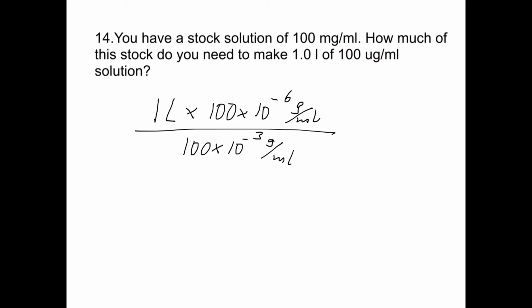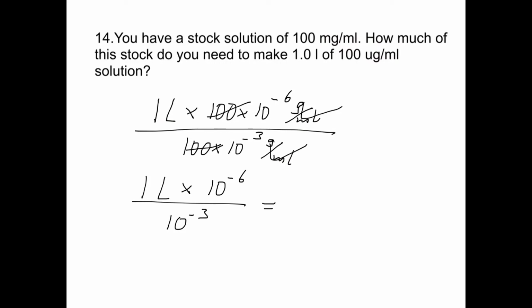Now we don't have to worry about the unit liter and milliliter here, because what we see is that these two units here, this gram per milliliter, cancel each other out. And actually the hundreds cancel each other out as well. So we have 1 liter times 10 to the minus 6 divided by 10 to the minus 3.